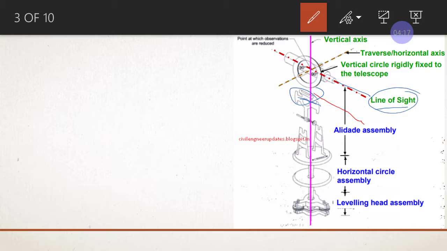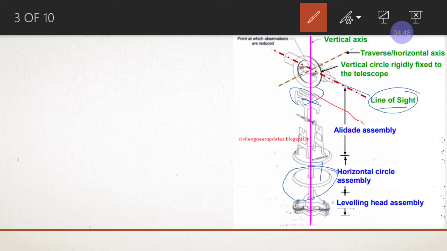And you can see this plate. This plate is perpendicular to the vertical axis.